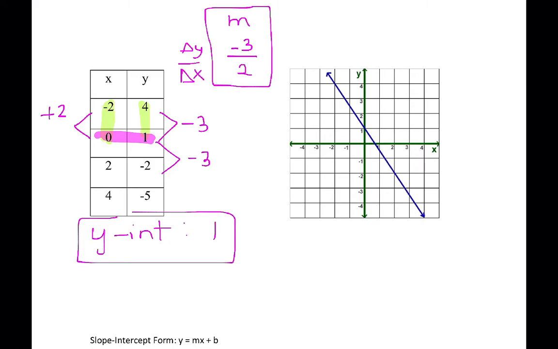Remember, that is your b value. So slope, we use the letter m to recognize slope. We use the letter b to recognize the y-intercept. Okay, so like I said, these are the same line, just a different form.